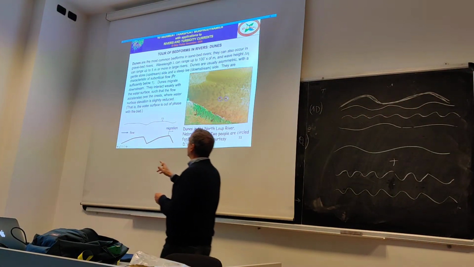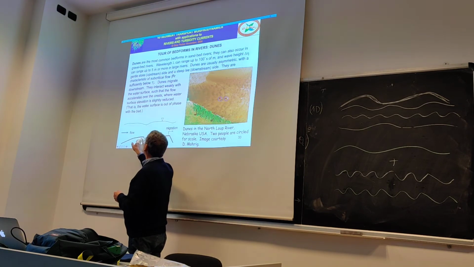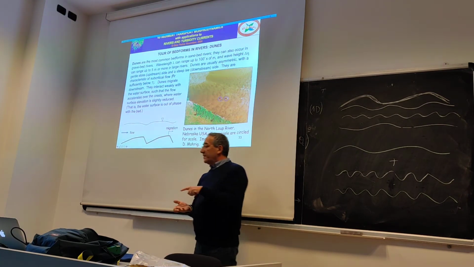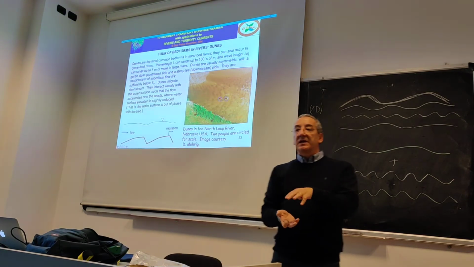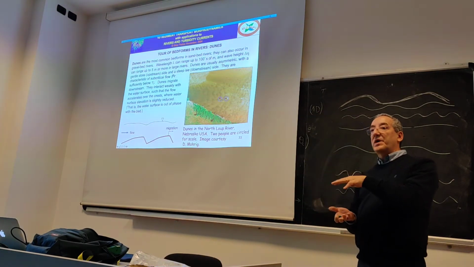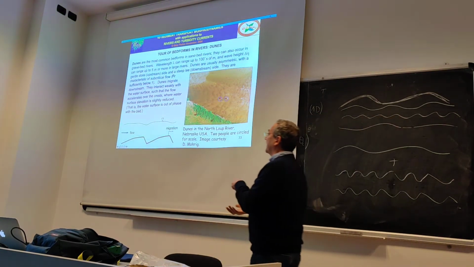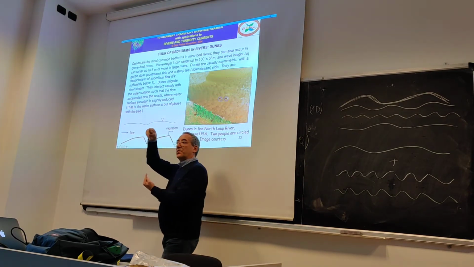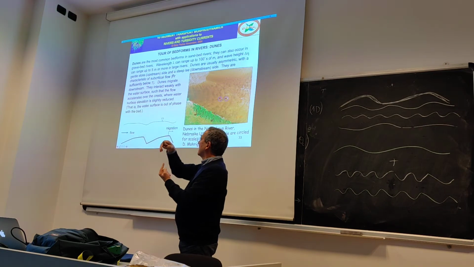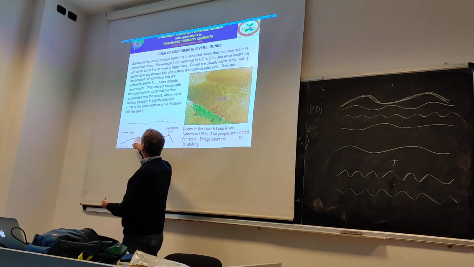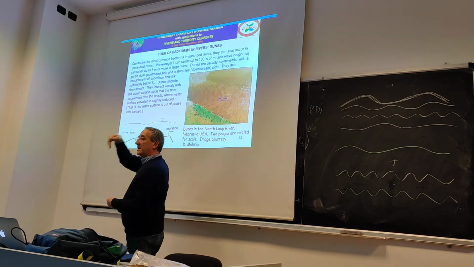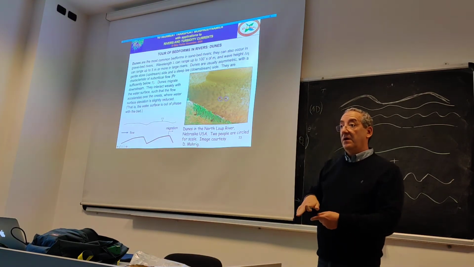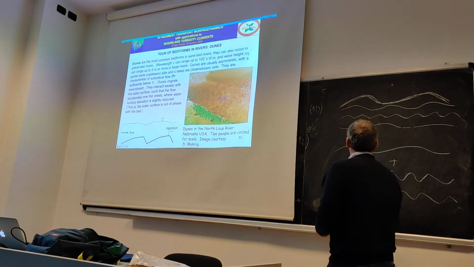Another important feature, which is important for the physics, is that the perturbation of the free surface wave is in opposition of phase with the bed. So when you have the crest here, the free surface will have a trough.